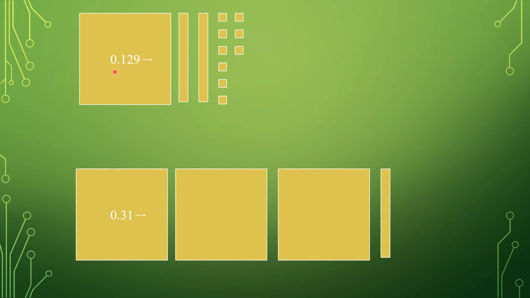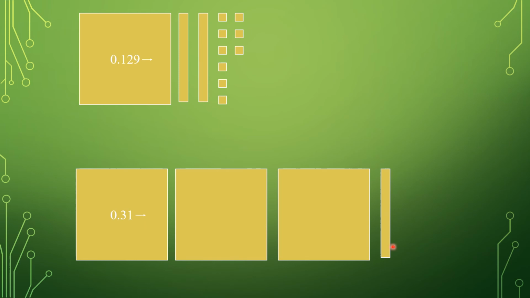So this is no whole part. So 0.1 complete rectangle, 1, then 2 sticks and then 9 blocks. So 0.129.